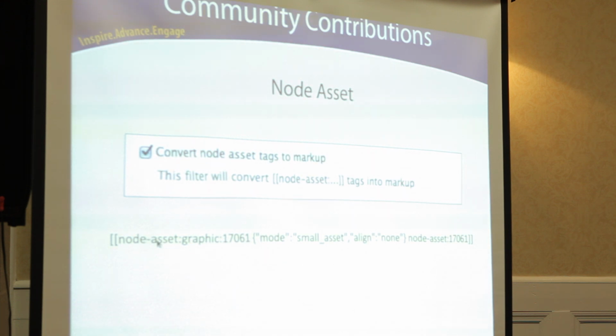So in this one, it's looking for a graphic content type with this node ID, and it's going to display it using the small asset template. I didn't really use alignment, but that was part of the asset module, so I kept it in there so it could be used if needed.